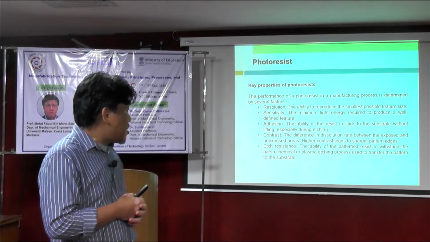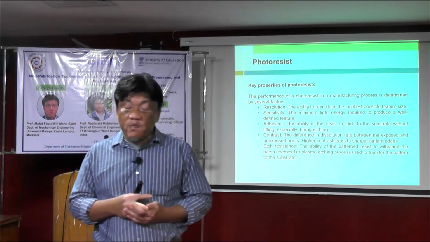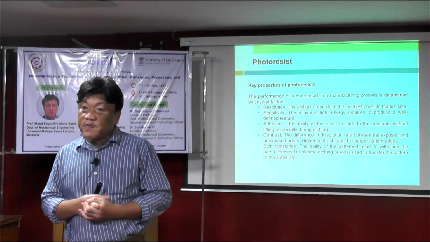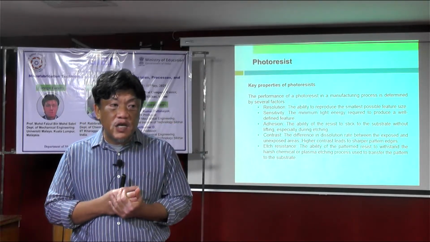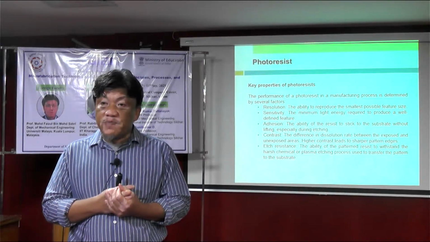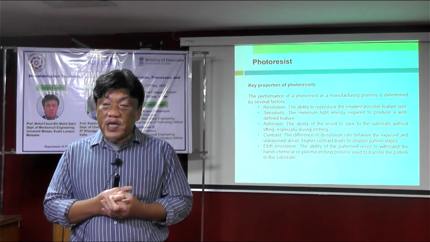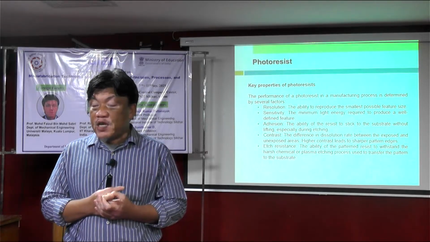So etch resistance is important because we want to develop the pattern later on, meaning you want to expose the silicon. In the case of a silicon substrate, you want to expose the silicon to chemical or to deep RIE in order to develop the structure.